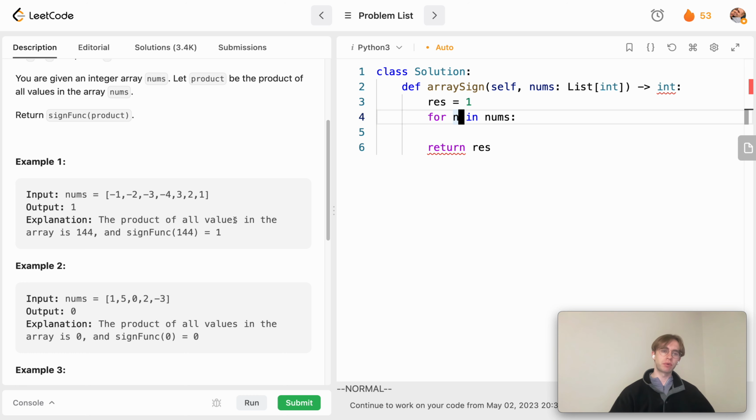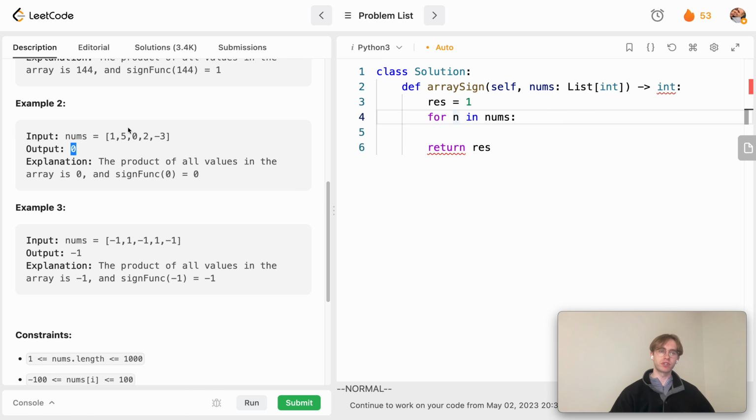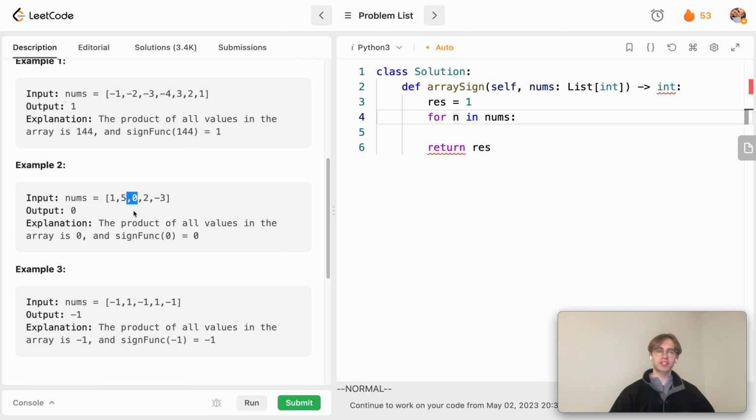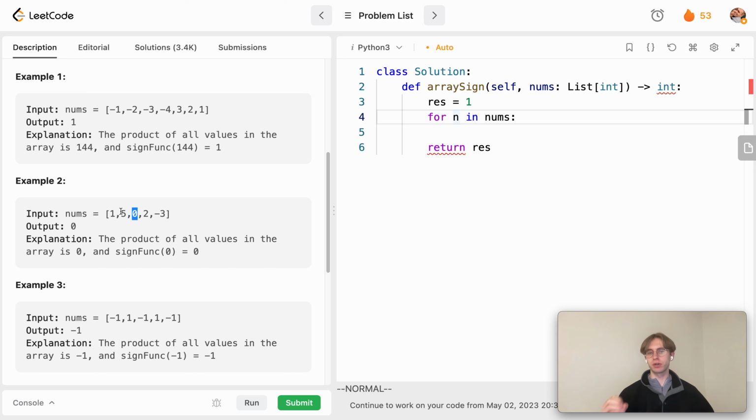The other case here that we want to consider is, okay, if we encounter a 0, it's actually a trick where you can just stop evaluating this any further, because once you get to a 0, the product becomes 0, and whether it's positive or a negative number, no matter how big the number is, it'll just remain at 0, because anything multiplied by 0 is 0.